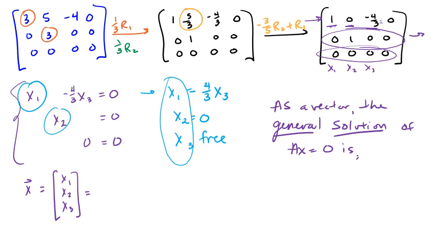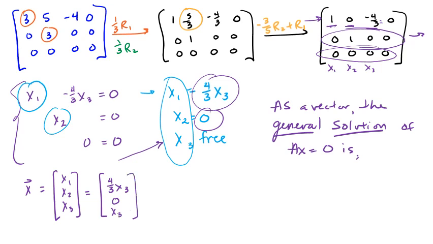And we are just going to replace each of these with what we have written here. Instead of using x1, we know that x1 is 4/3 x3. Instead of writing x2, we know that x2 is 0. And if x3 is free, I'm going to leave that as x3.